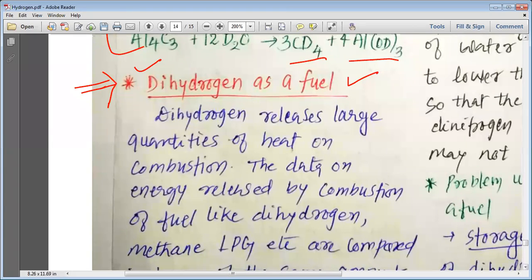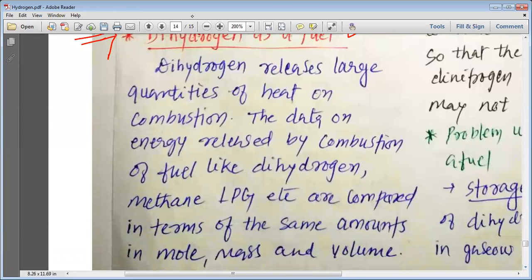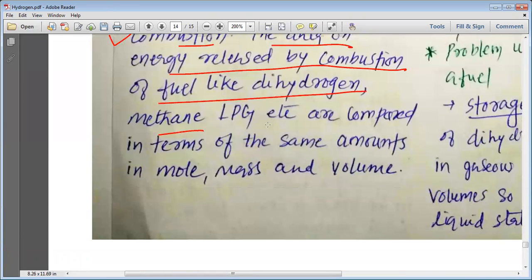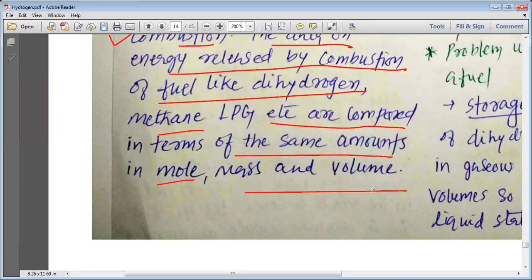Now let us understand what the text tells us about dihydrogen as a fuel. Dihydrogen releases a large quantity of heat on combustion. Combustion means addition of oxygen, and when dihydrogen reacts with oxygen, we get water. The data on energy released by combustion of fuels like dihydrogen, methane, LPG, that is liquid petroleum gas, etc., are compared in terms of the same amount of mole, mass and volume.